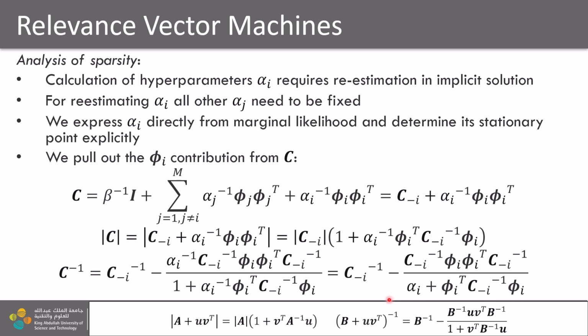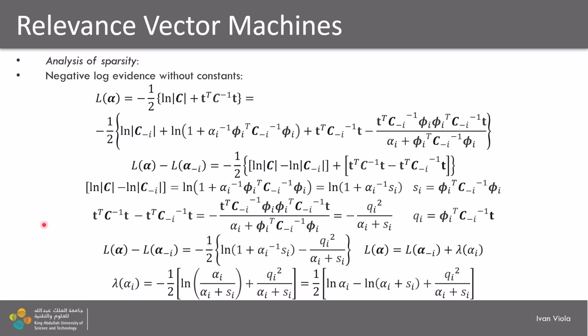And now we can use these two quantities, where we express the C associated quantities through C minus i associated quantities, to see what is the difference between these two in terms of marginal likelihoods or their Lagrangians, so log marginal likelihoods. So a negative log evidence without constants, meaning without the ln 2 pi, can be expressed in this way, and also this minus has been removed for simplicity.